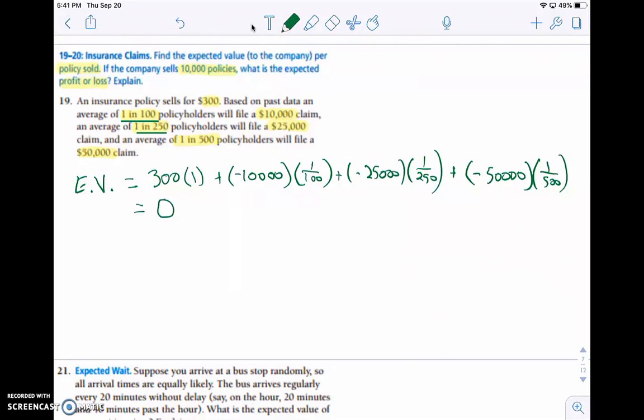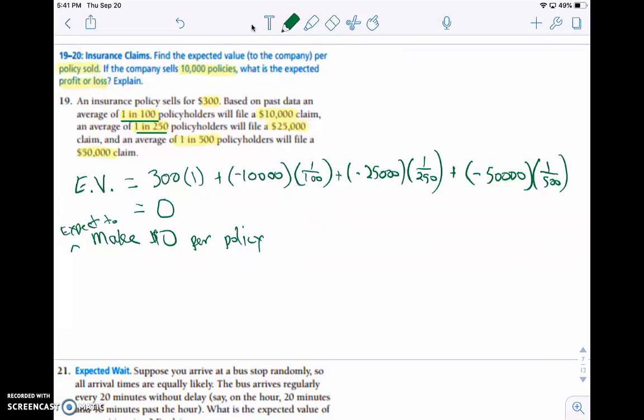So what this means is that the company will expect to make $0 per policy. So they'll be right at the break-even point.